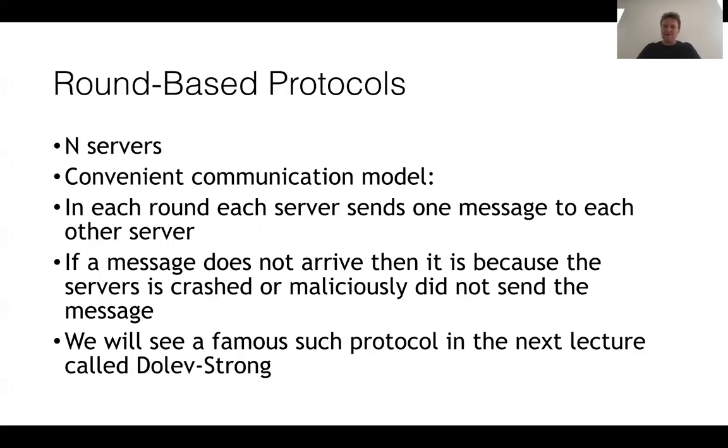So I would like some kind of guarantee that if in a round I didn't receive a message from server 3, it's actually because server 3 is crashed. Or maybe it's Byzantine corrupted and it decided to not send me a message. That's even worse, right? It decided not to send me a message, but to send a message to someone else and wants to confuse us.